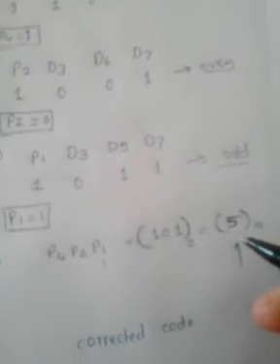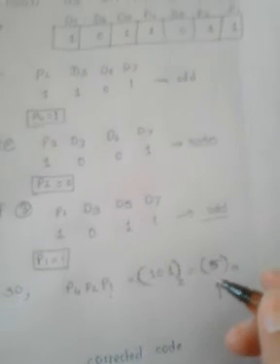If we convert that 101 to decimal form, we get 5. From that conversion we find the location where the actual error occurred. So the 5th location in our data structure is where the actual error occurred.